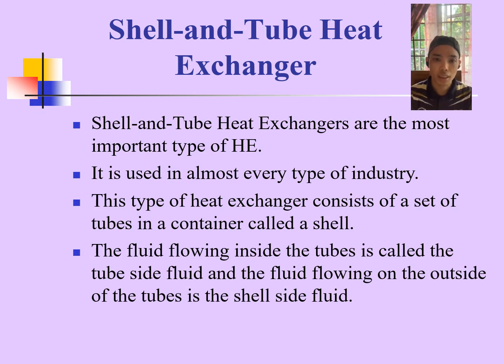Okay, shell and tube heat exchangers are the most important type of heat exchanger. It is used in almost every type of industry. This type of heat exchanger consists of a set of tubes in a container called a shell. The fluid flowing inside the tube is called the tube side fluid, and the fluid flowing on the outside of the tube is the shell side fluid.